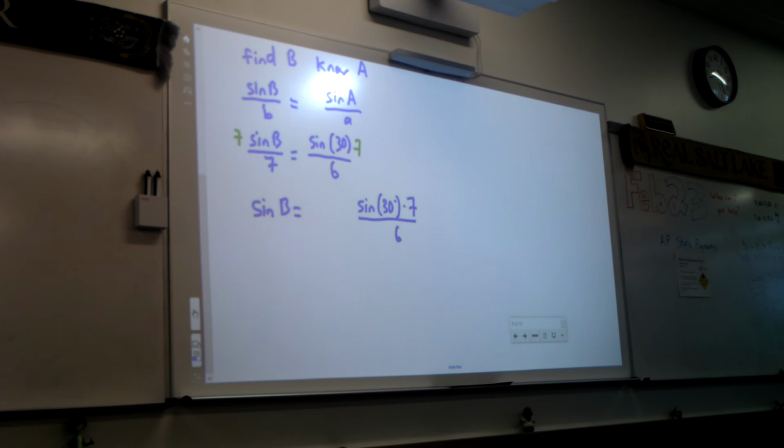But what am I going to need to do to get rid of that sine? Arc sine. So I'm going to do sine to the -1 of both sides, and then that's what I put into my calculator. Now we should all practice putting that in, but as soon as someone gets what angle B is, shout it out, and we'll get someone to confirm it, and then we'll call it good.